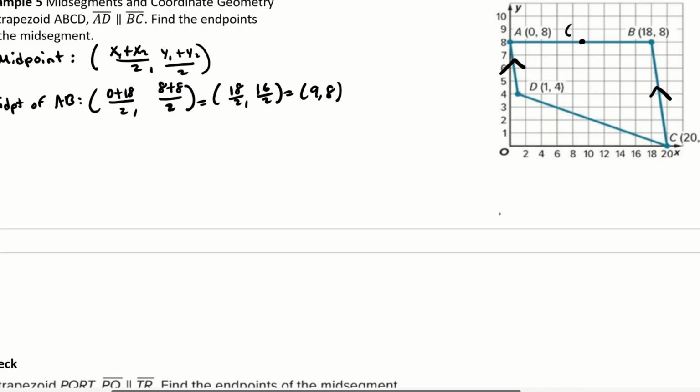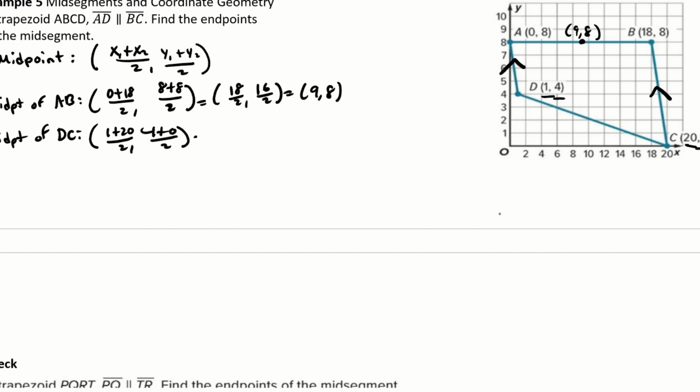All right, so now let's do the midpoint of the next one, which is DC. Add the two x coordinates, 1 plus 20 divided by 2. Add the two y coordinates, 4 plus 0 divided by 2. We get 21 over 2, and we get 4 over 2.